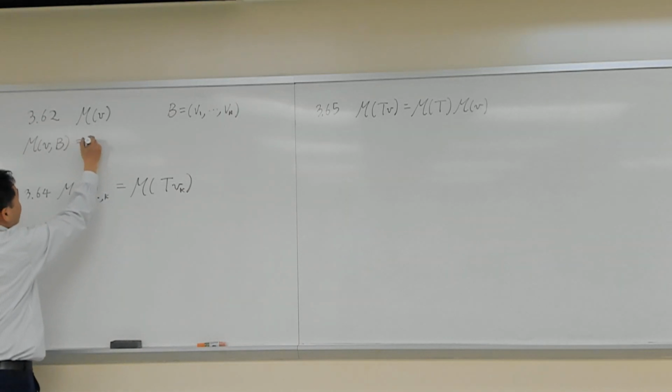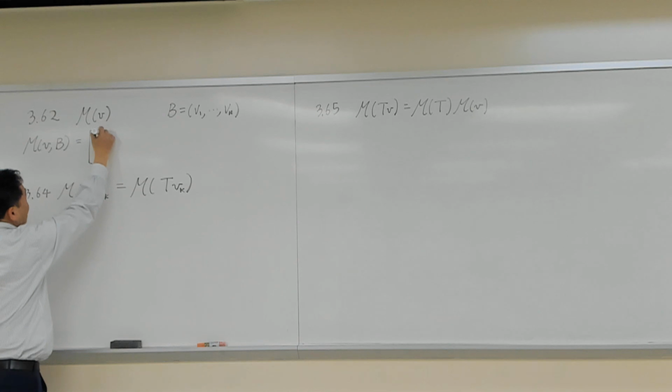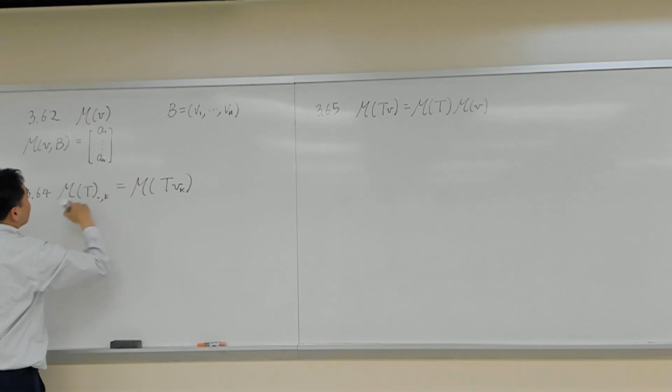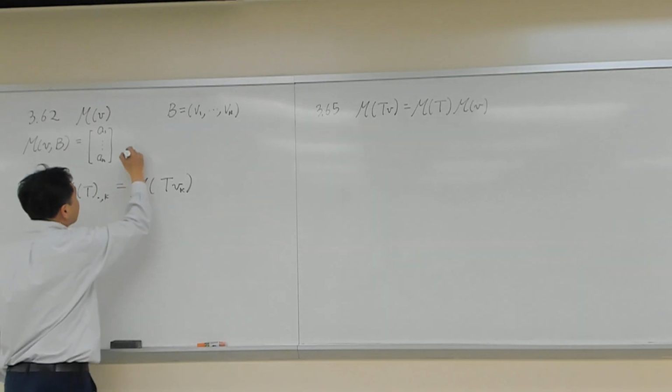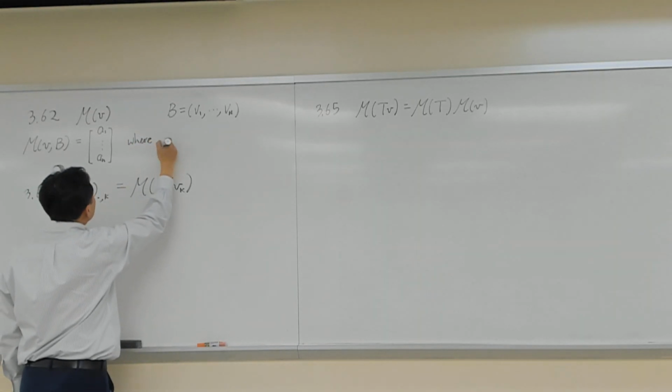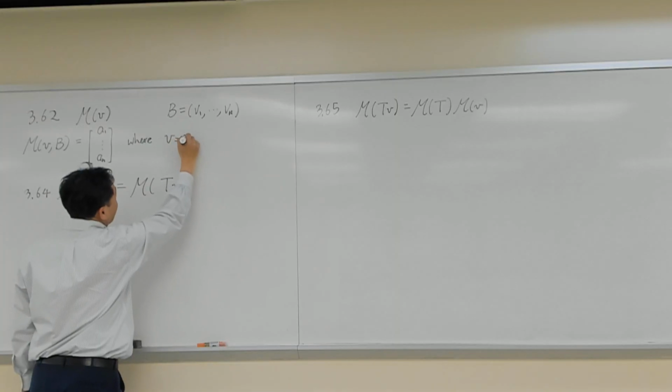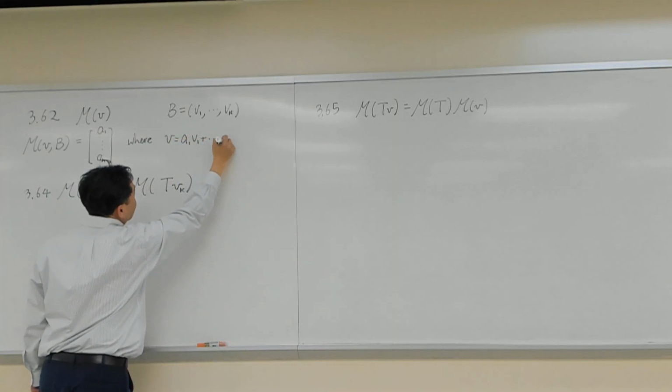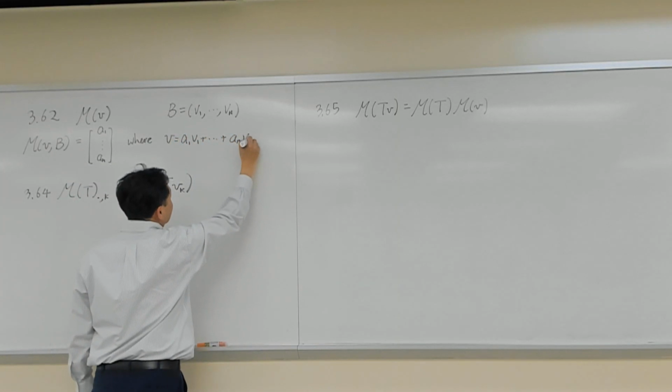This is a matrix from A1 through AN, where V is equal to A1 V1 plus and so on up to AN Vn.